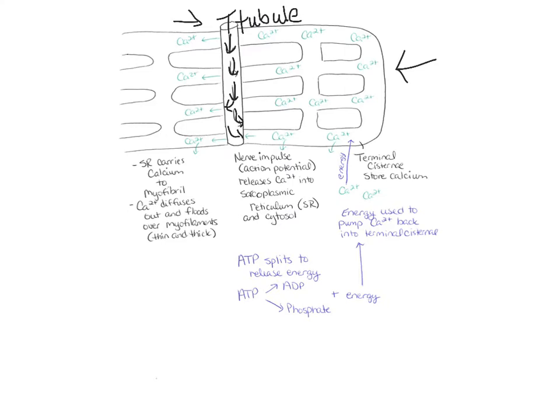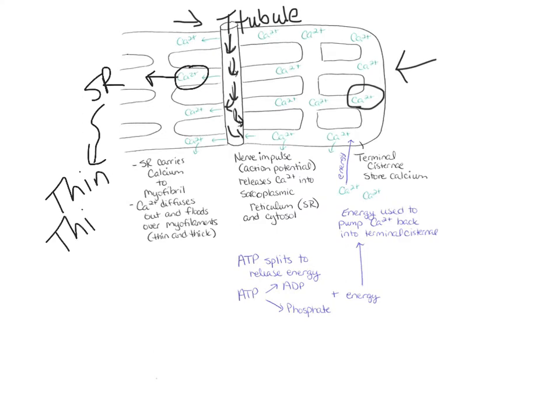The terminal cisternae stores calcium. As soon as the action potential hits the terminal cisternae, calcium gets released, and it's going to go through those channels of the sarcoplasmic reticulum. Once in the sarcoplasmic reticulum, it's able to diffuse out of the sarcoplasmic reticulum, and it will flood over the top of the thin and thick filaments.